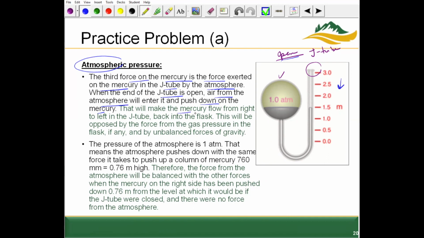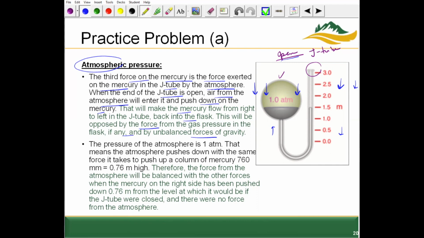That's going to make the mercury flow from the right-hand side to the left-hand side, back into this flask. This will be opposed by the force from the gas, though, that's pushing it this way. And if there are any unbalanced forces of gravity, we'll also encounter those, going in this direction as well as this direction. We know gravity is at play on both sides of the J tube.